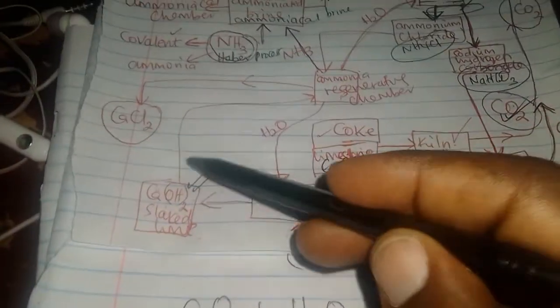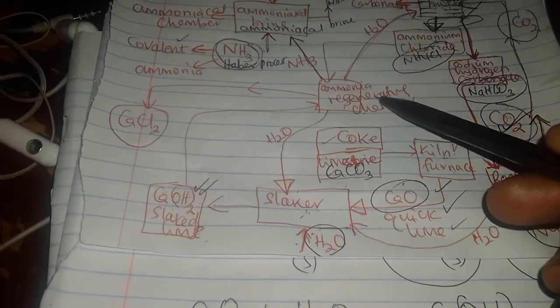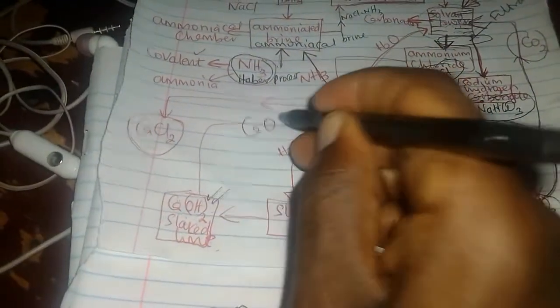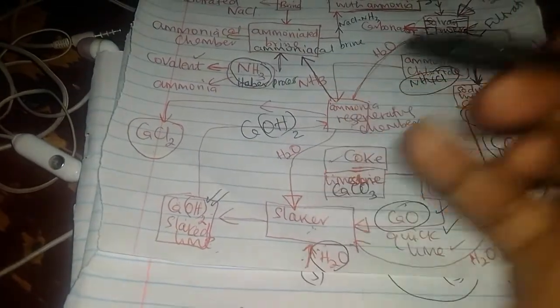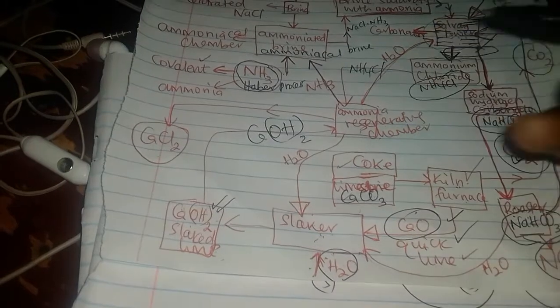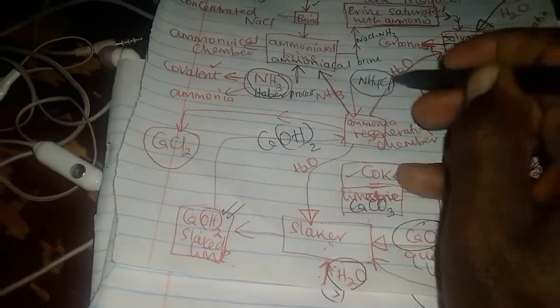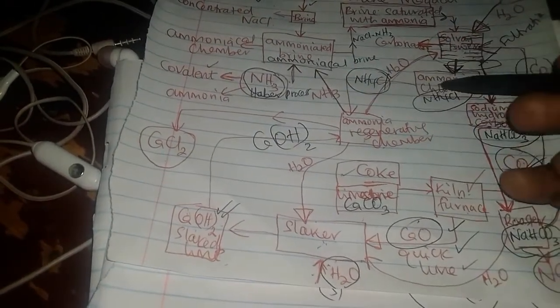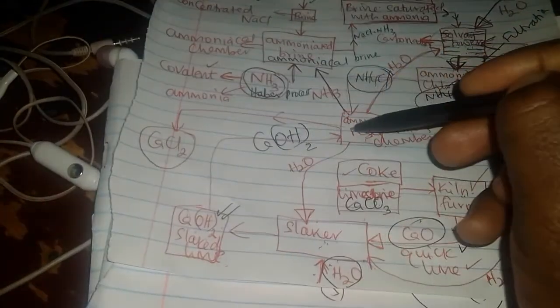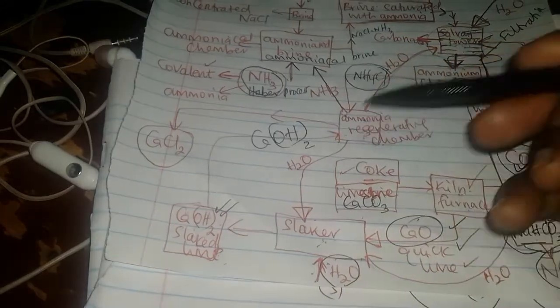This calcium hydroxide is taken to the ammonia regenerating chamber. In the ammonia regenerating chamber, the calcium hydroxide is going to meet with ammonium chloride. Good. So the ammonium chloride from the Solvay tower carbonator will meet calcium hydroxide from this other end. What do we form?